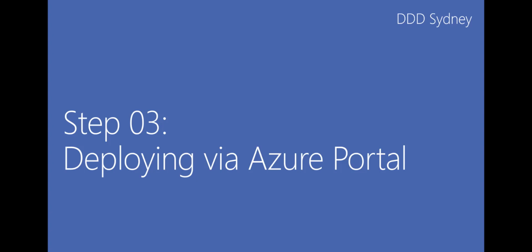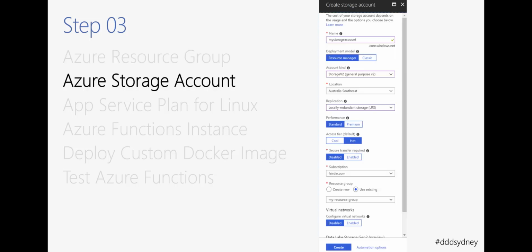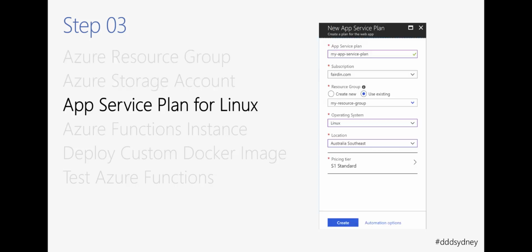Now, this custom container image needs to be deployed into Azure. This time we are using the Azure portal. In order to deploy this in the Azure portal, first of all, we need to create the Azure resource group, then a storage account, then an app service plan.